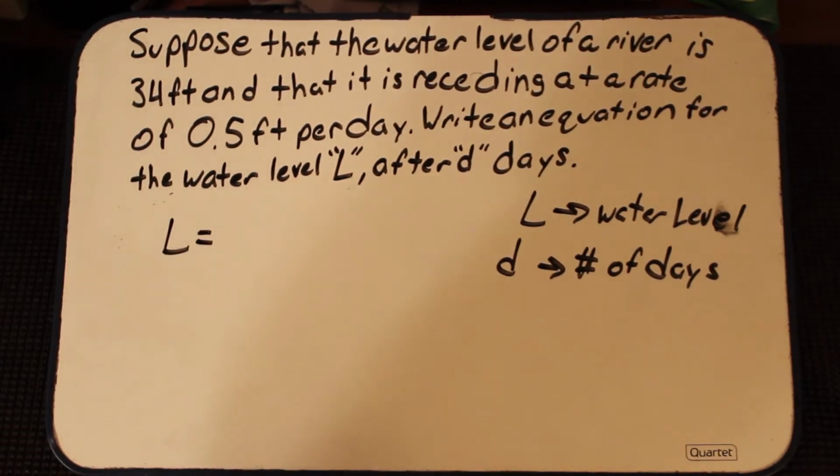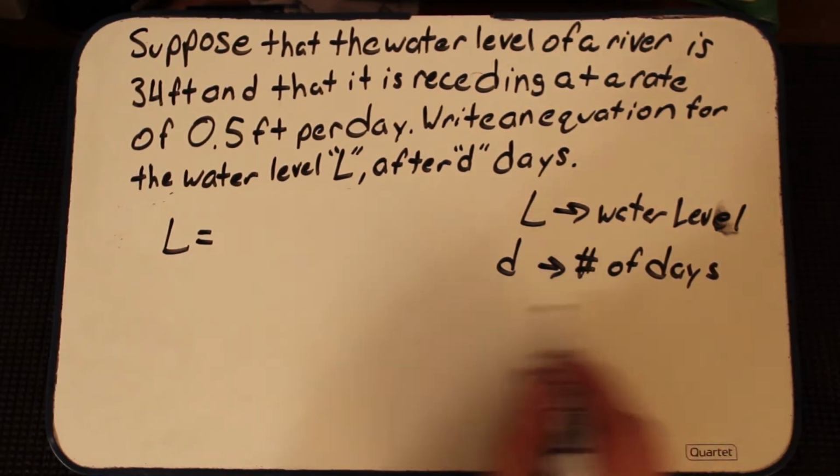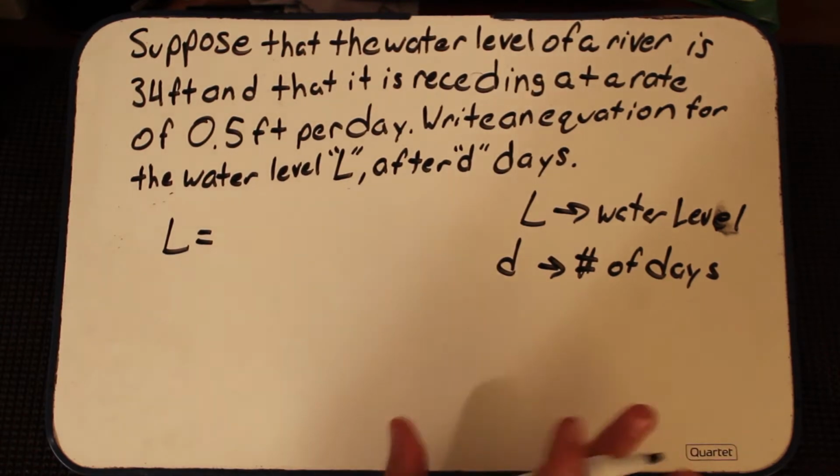And L is going to equal everything else. Next question we should ask ourselves is, what changes? What can be different numbers? And that would be the number of days. We're not going to write that down quite yet, but that would be the number of days.